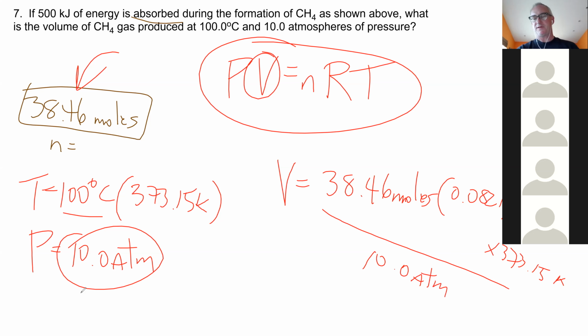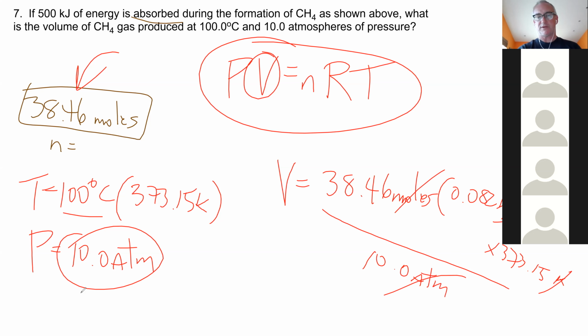Right, so I have atmospheres in the denominator and atmospheres in the numerator, so I can eliminate those. I've got Kelvin in the numerator and Kelvin in the denominator, so I can eliminate those. I've got moles in the numerator and moles in the denominator, so what I'm left with is liters.